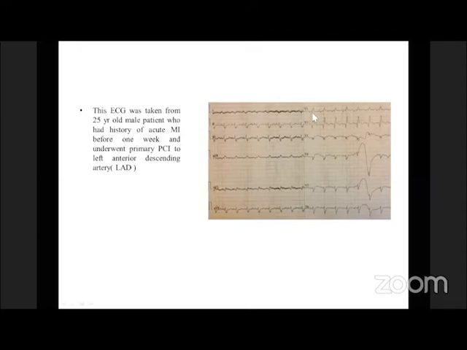Looking at this ECG, there is positive R in V1, and there is widening of the QRS complex, more than 3 small squares, and there is deep S in V2, V3, and also in V5, V6. So it fulfills the criteria of right bundle branch block secondary to myocardial infarction, and it is a common cause of right bundle branch block.